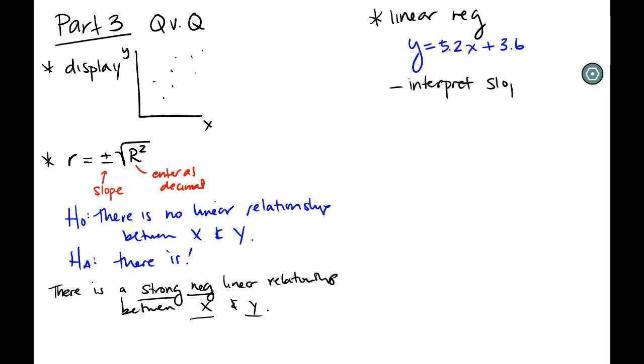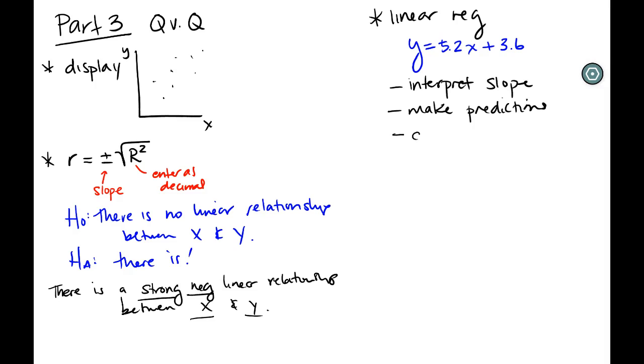And when we interpreted slope, this was for every 1 increase in x, our y increases by 5.2. And we had to make sure we have our units in there. We could make predictions. So if the crime rate for a particular state is this amount, we could go ahead and predict what the housing price would be in that state.